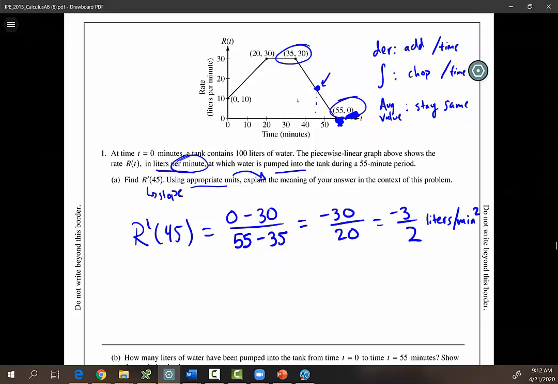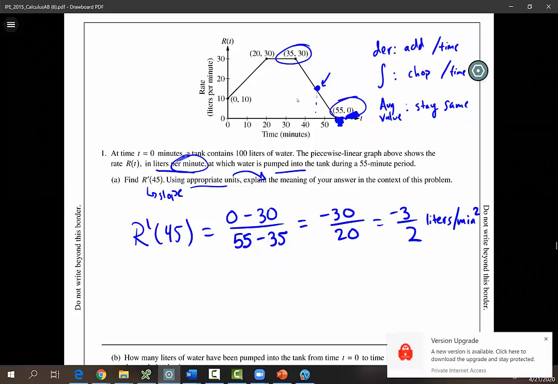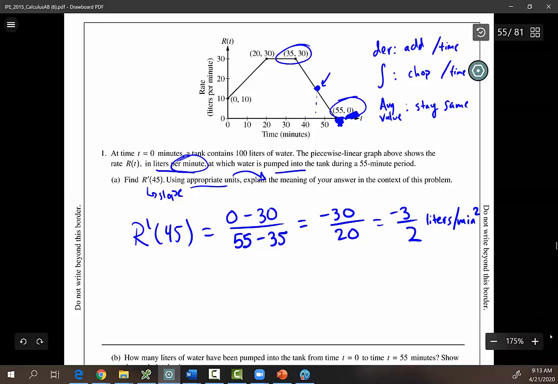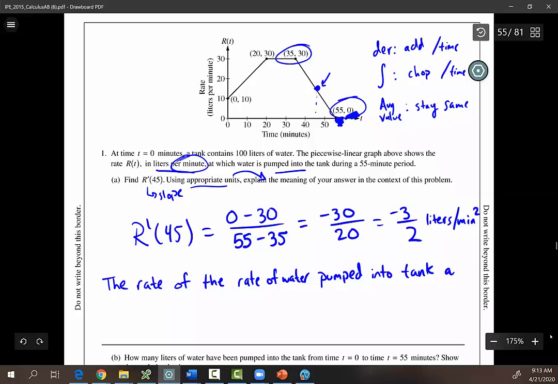So R was already the rate, okay? So when we take the derivative of the rate, you might want to say the rate of the rate, okay? So you could say something like the rate of water pumped into the tank at time equals 45 minutes is -3/2 liters per minute squared.